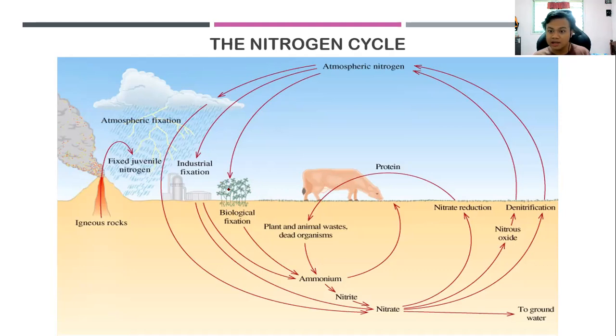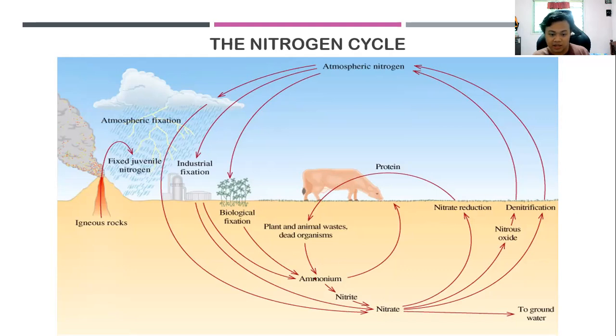So the plant becomes fertile, and then if the plant dies, or it is eaten by an animal and then that animal dies, the nitrogen is part of its protein also. If those plants or animals die, they will break down to ammonium, to nitrite, to nitrate, and it will be broken down also by bacteria. And then we have the process of nitrification.